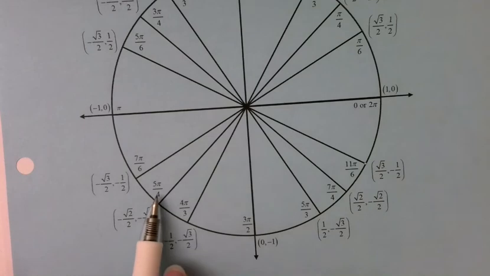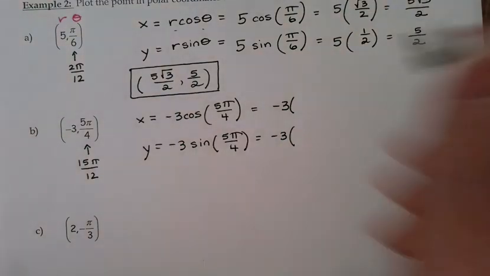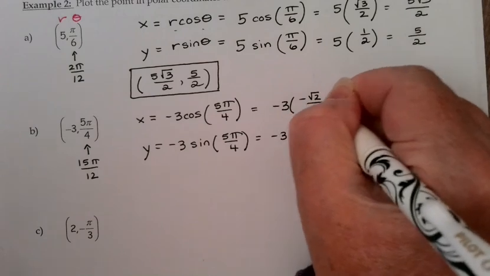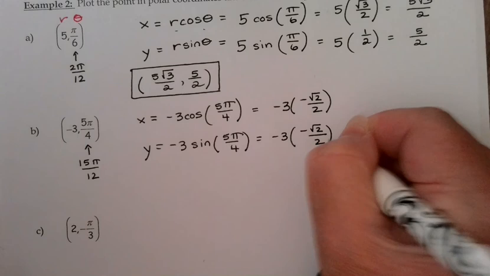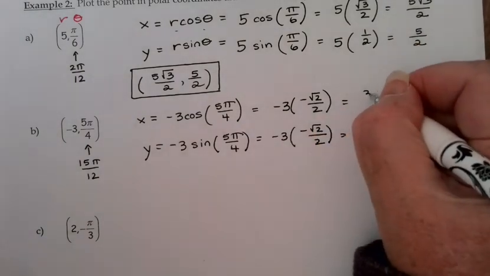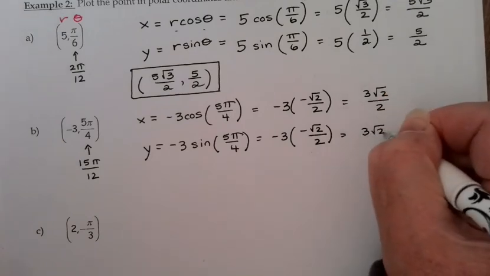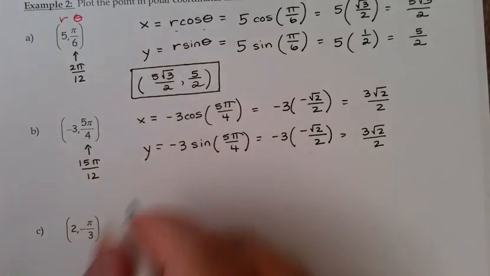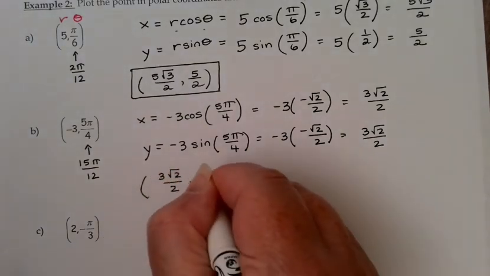For 5 pi over 4, right here, both the cosine and sine are -√2 over 2. So I have negative times negative would be positive 3 square root 2 over 2 for both x and y. And so there's my point in rectangular coordinates.